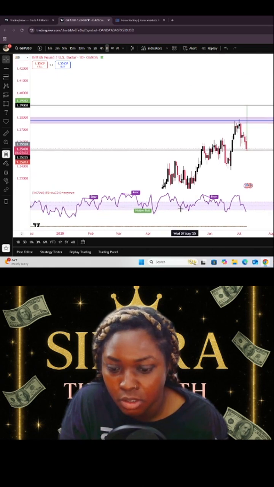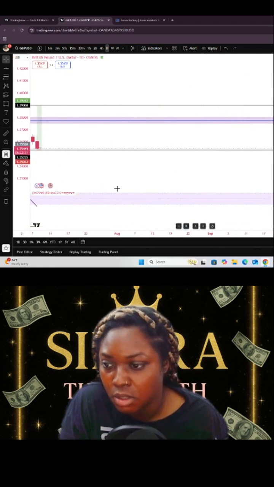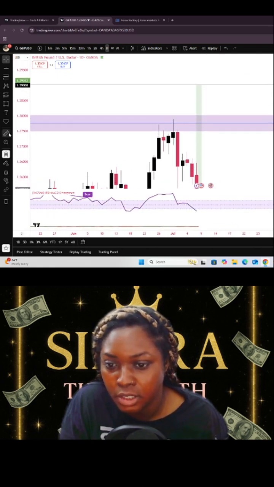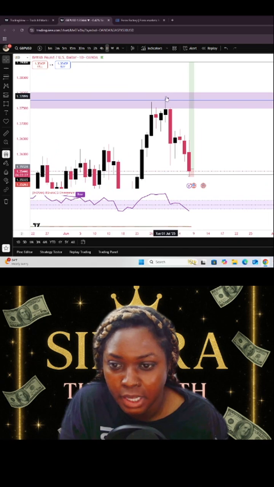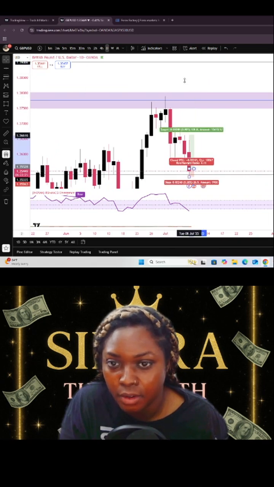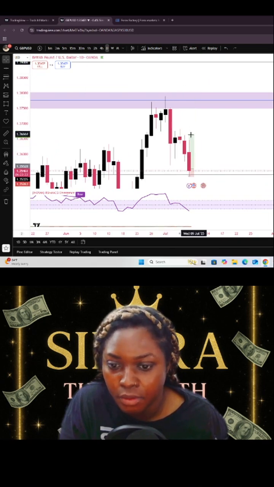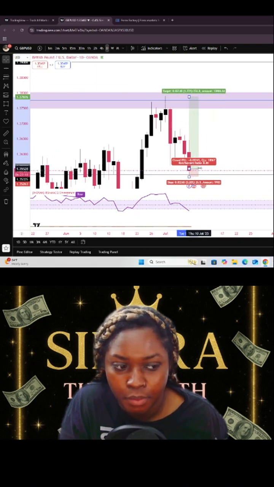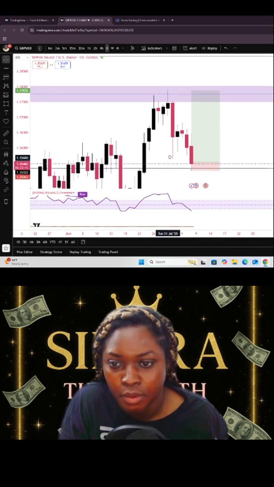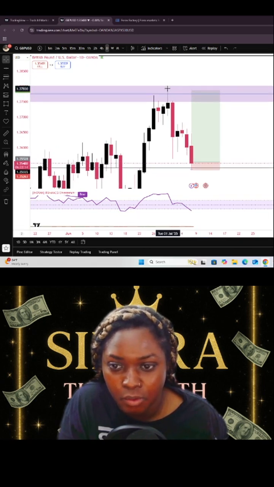Really, let's do this. Come to your daily time frame and set TP at this last high here, because that's more than enough. Daily time frame, this last high of this wick.